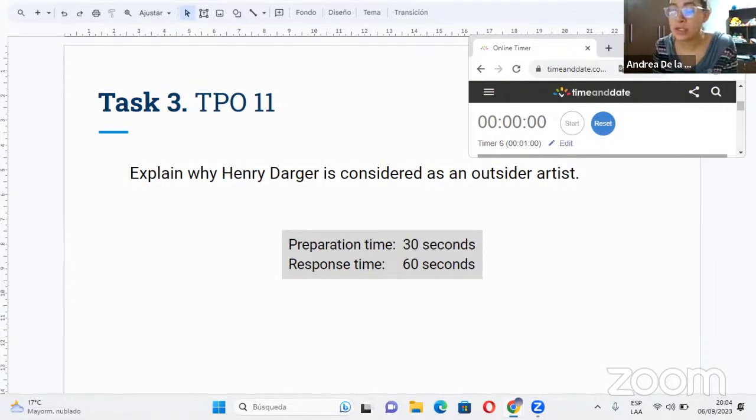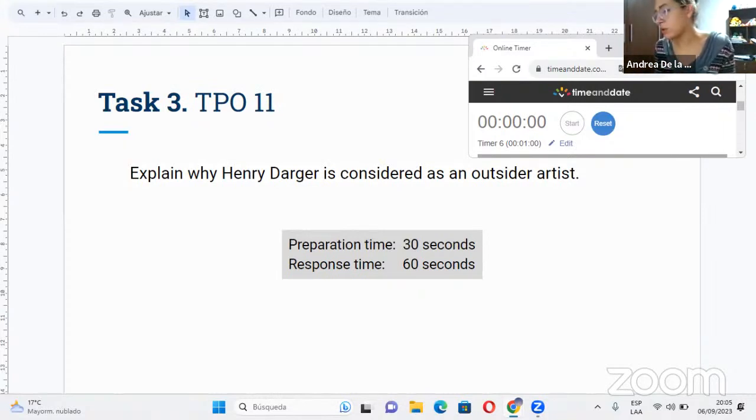His work is very strange. He has no formal education. And at the end, you said he cut parts of a magazine, he pasted them, or he put, in the past. So careful. If you're going to use the simple present, it's fine, but every verb has to be conjugated in the same tense, right? Don't mix.